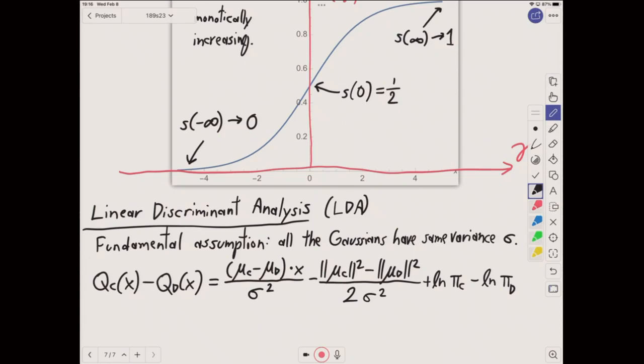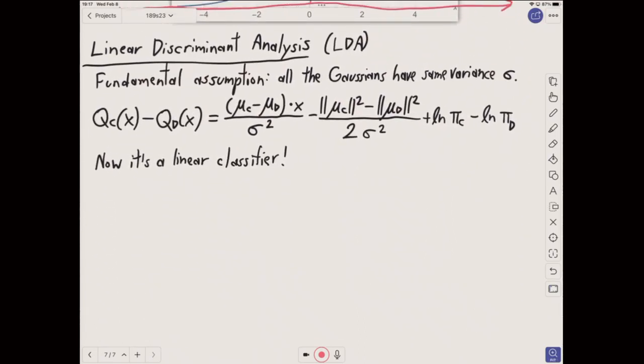You can take the formula I gave you for QC and QD and check for yourself that this is correct. It's pretty simple. Again, the thing I want to spotlight is that x only appears here, and the whole formula is linear in x, not quadratic anymore. Otherwise we do the same thing we did in QDA, it's just that the function we're doing it with is linear.